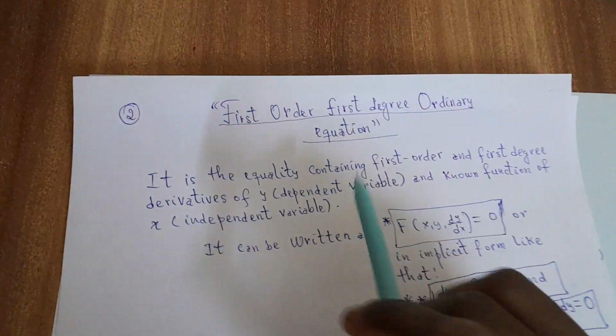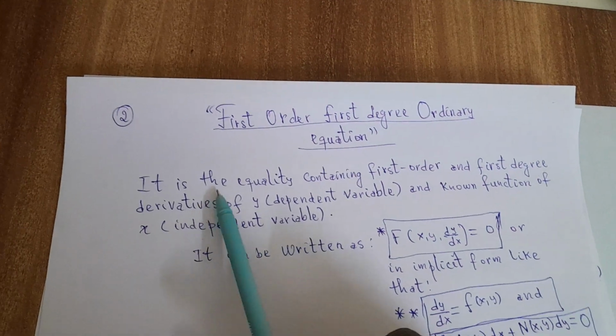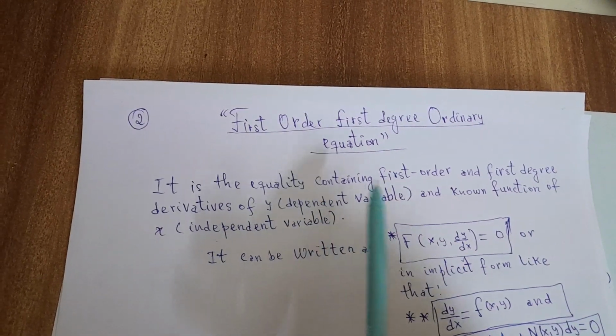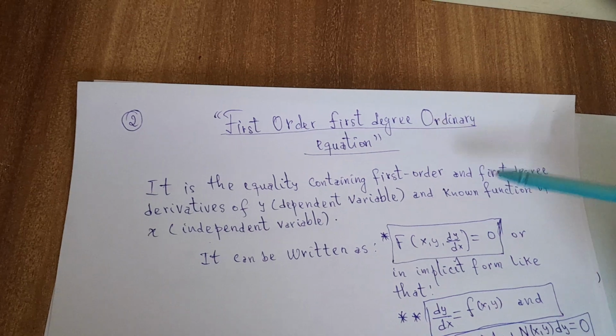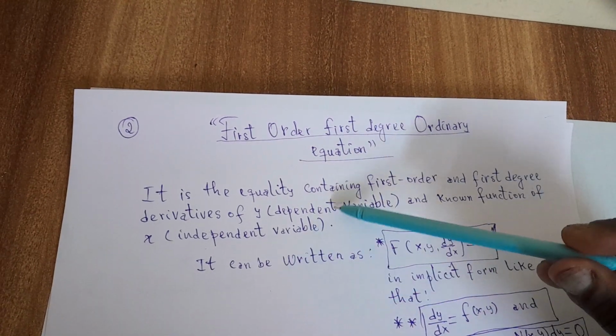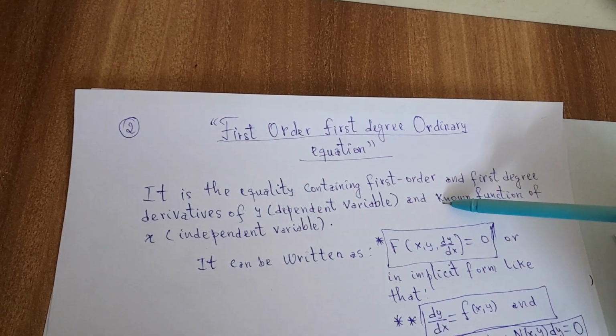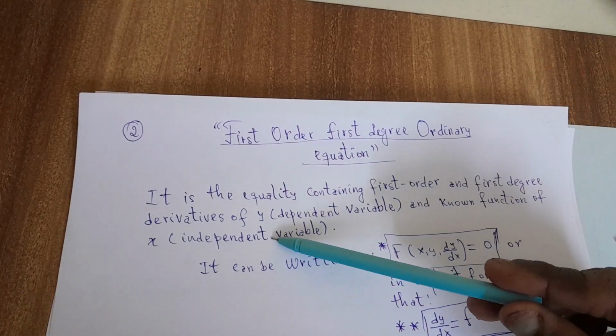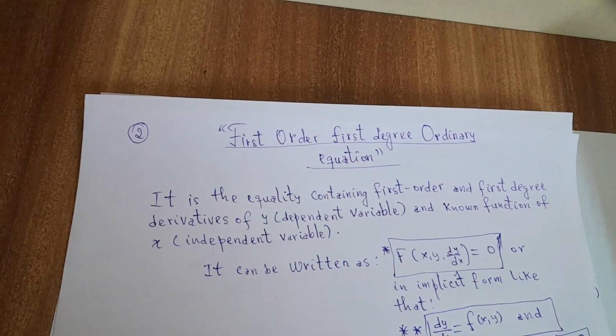Have a read: it's an equality containing the first order and first degree derivatives of y, which is the dependent variable, and a known function of x, which is the independent variable.